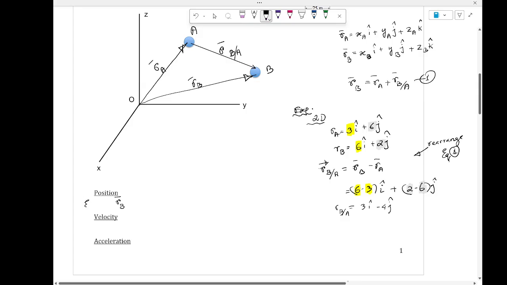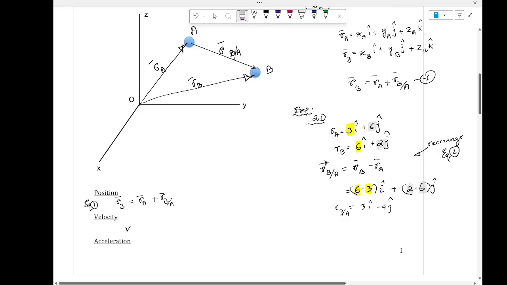So RB can be written as RA plus RBA. If you agree with me on that, that's equation 1. I didn't do anything new, just rewrote equation 1. Can you simply do the same thing for the velocity and the acceleration as well? Do that, that could be a good practice for you. So it should be what, like V vector.